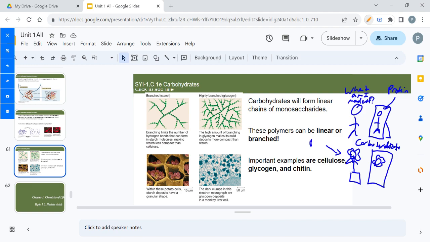Photosynthesis. When we talk about photosynthesis, they're constantly making glucose. So they're literally building themselves out of carbon dioxide and glucose, and that's how they make their starch. And that's also how they make their cellulose.